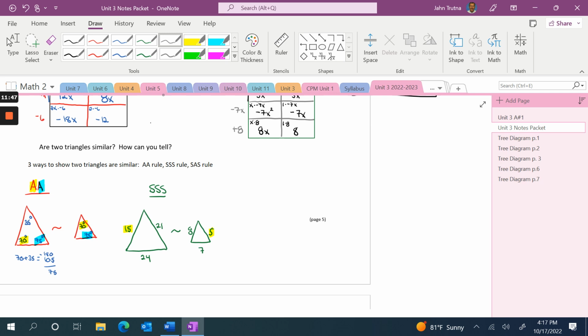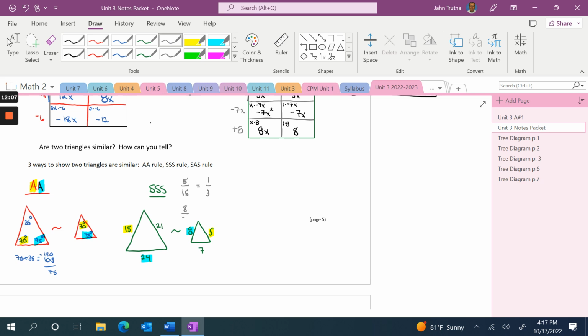So if you notice, the shortest side in the small triangle, 5, would have to correspond with 15, because that's the shortest side of the bigger triangle. That would give me a ratio of 5 over 15, which reduces down to 1/3. Okay, the longest side of the smaller triangle, which is 8, would have to correspond with 24, because that's the longest side of the bigger triangle.